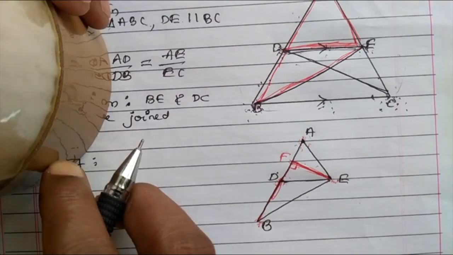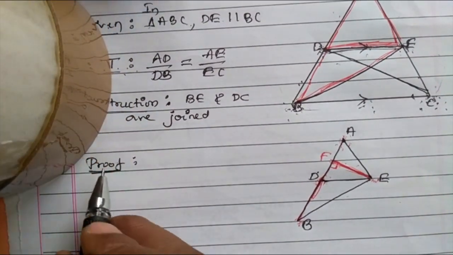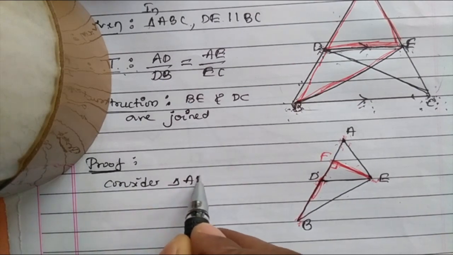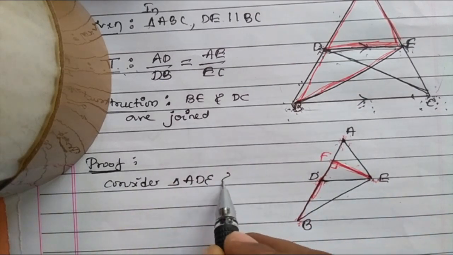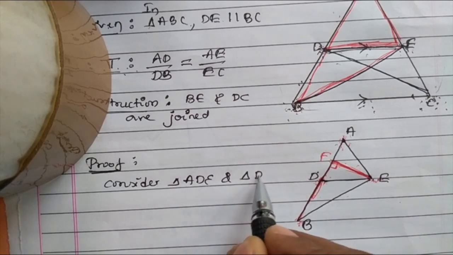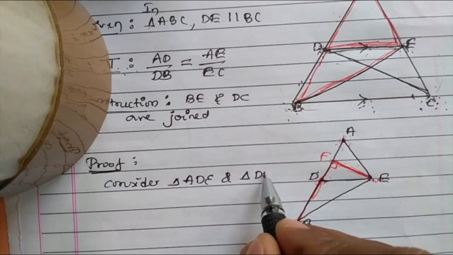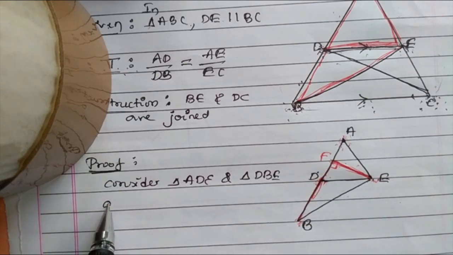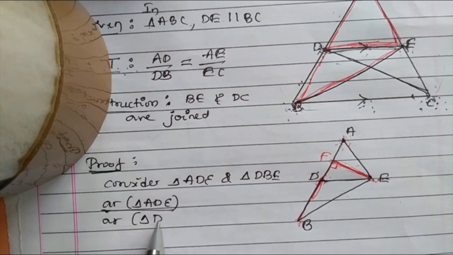Now, what we do in the proof part: consider triangle ADE and triangle DBE. In triangles ADE and DBE, the area of triangle ADE divided by the area of triangle DBE. You know the area of a triangle formula, half into base into height.